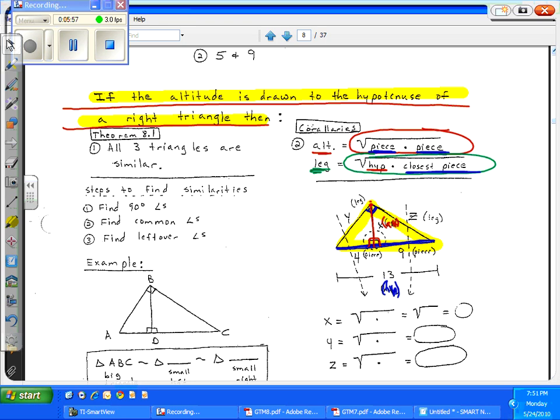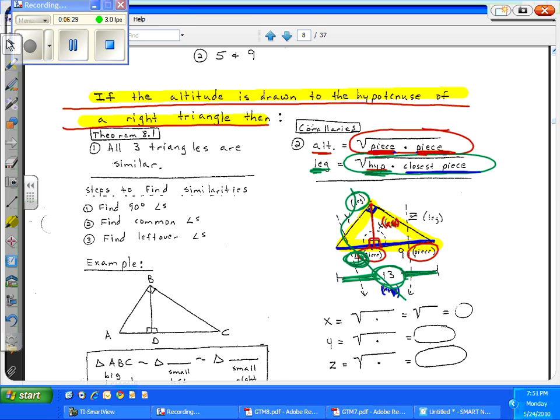If the altitude is drawn to the hypotenuse of a right triangle, then the altitude is the geometric mean between the two pieces of the hypotenuse, and either leg is the geometric mean between the whole hypotenuse, which is 13, and the segment of the hypotenuse adjacent to that leg.